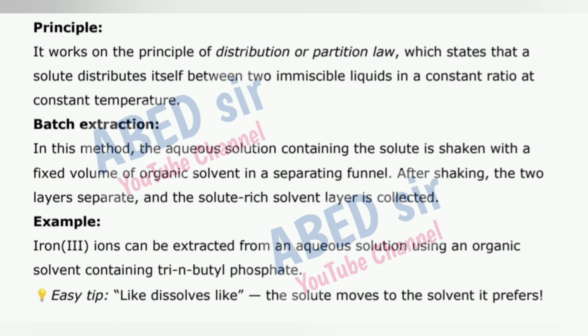After shaking, the two layers separate and the solute-rich solvent layer is collected. Example: iron 3 ions can be extracted from an aqueous solution using an organic solvent containing tributyl phosphate. Easy tip: like dissolves like, the solute moves to the solvent it prefers.